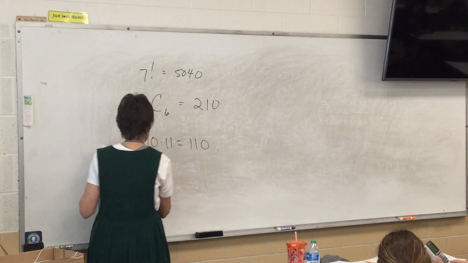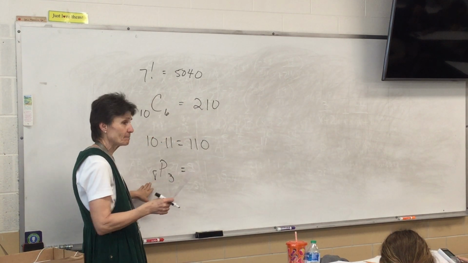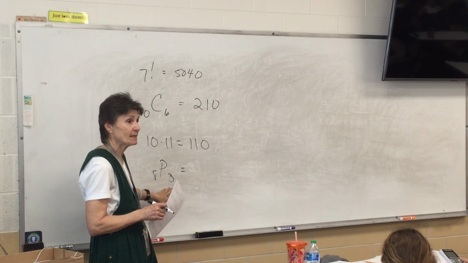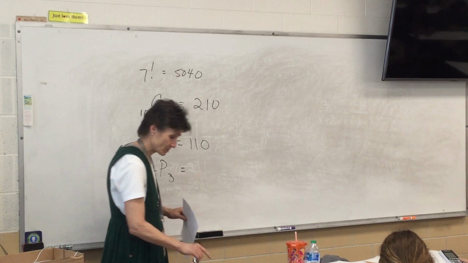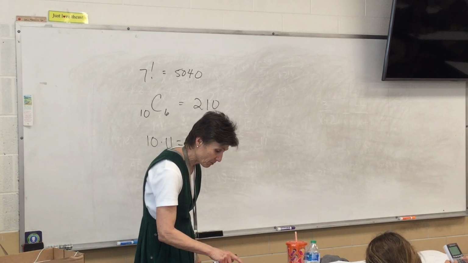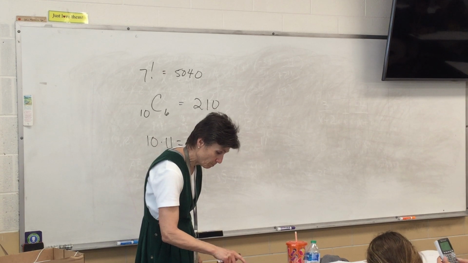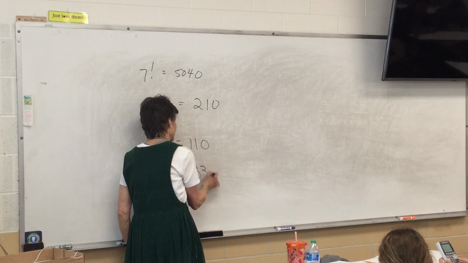So number 4 is going to be 8P3. There's 8 kids, and I am picking 3, and order matters. So 8, math, prob, nPr, 3. I got 336.